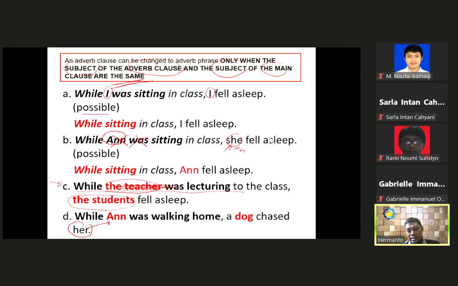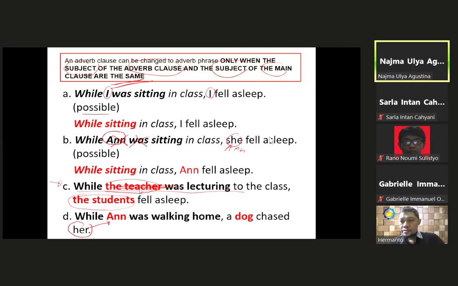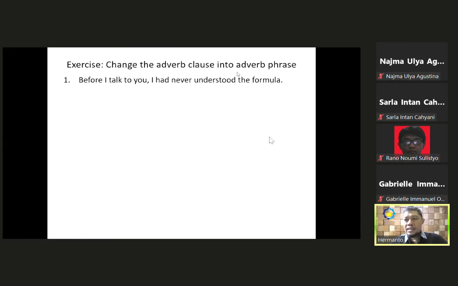Okay, everyone, is that clear to you? Yes, sir. All right. Now let's continue to the next slide. What you do here is change the adverb clause into an adverb phrase. Anyone can share the answer?